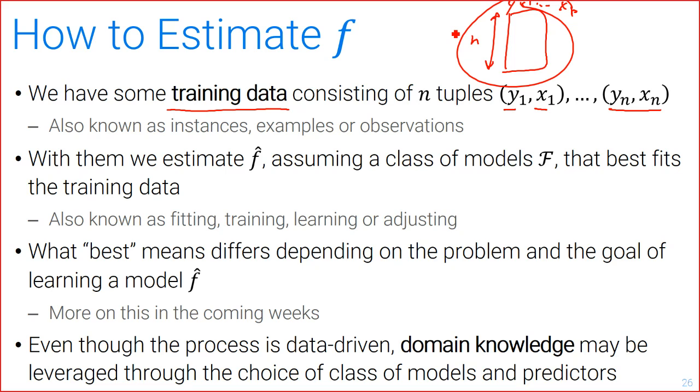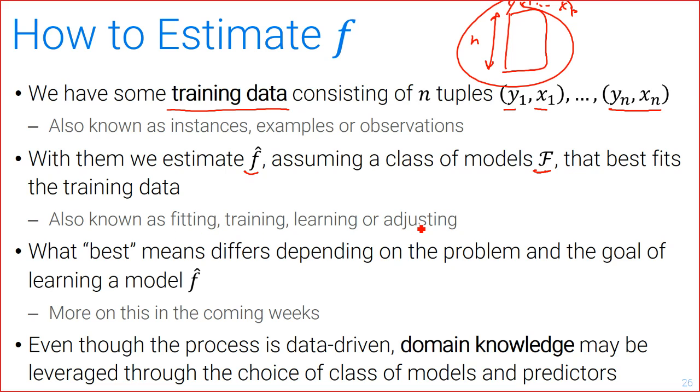With that data, we can build this estimate of the optimal function. We assume a certain class of models, like we saw, a quadratic model of only one variable, for example. And then it's about choosing the function that best fits the training data. So which is the one that is optimal for this training data. And building the function, by the way, is also called fitting the function, training, learning, adjusting.